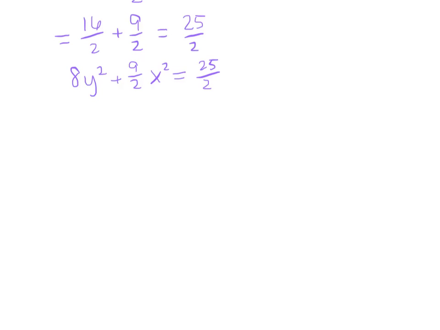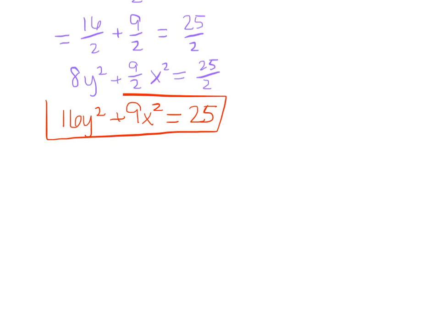Now, to put it in proper format, I can multiply everything by 2 to clear out those fractions, and I get 16y squared plus 9x squared is equal to 25. And now, this is the equation of a graph that passes through the point 1, 1, given a slope of negative 9x divided by 16y.